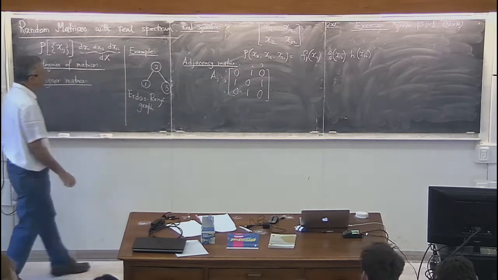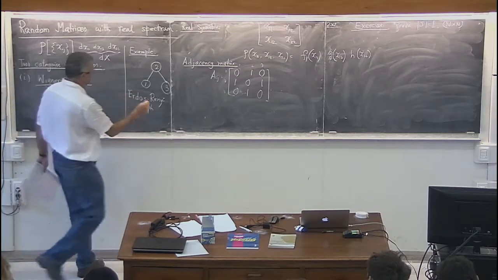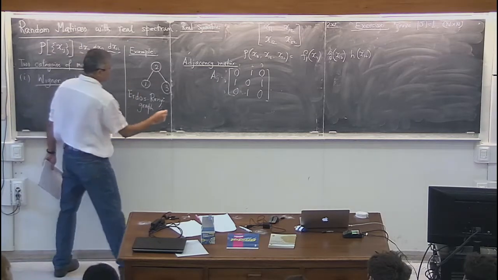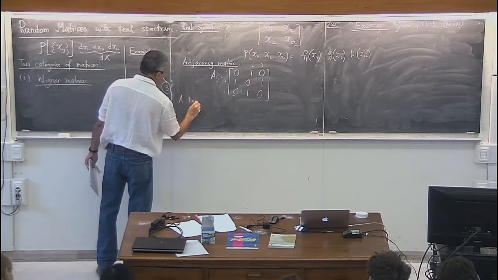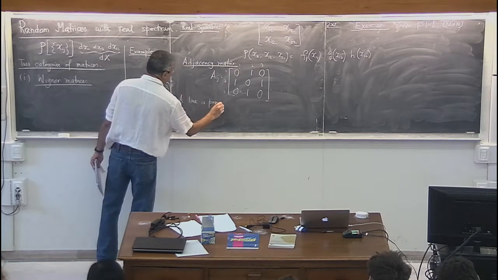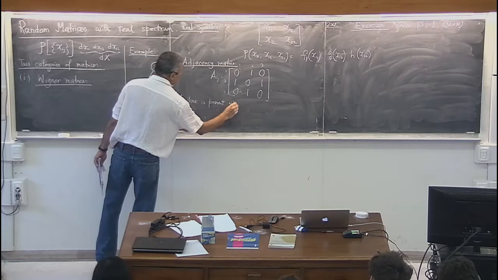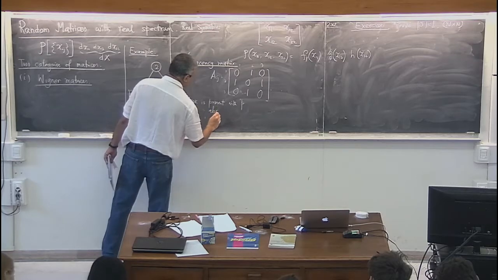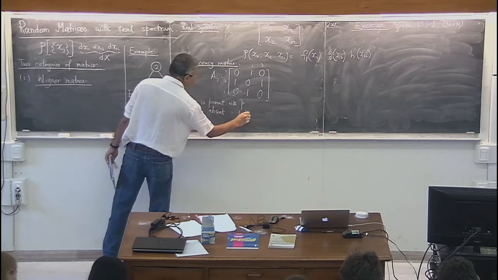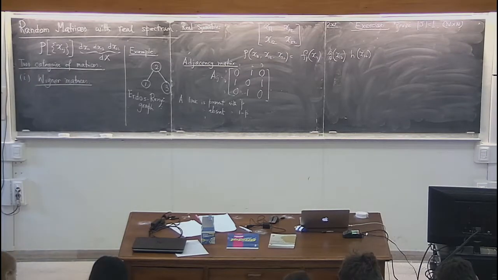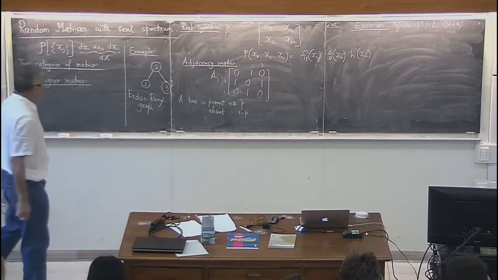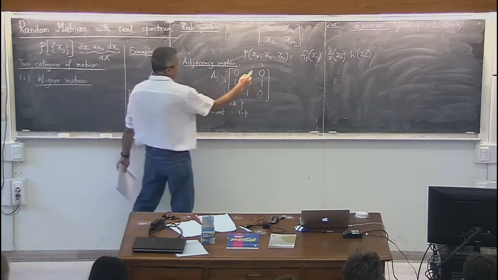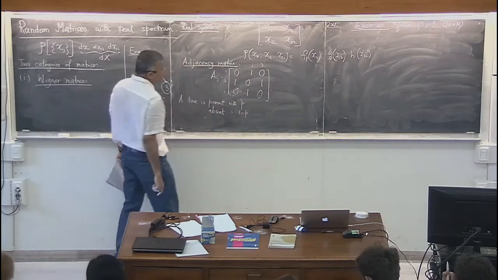This is a random graph, and the simplest rule, though you can have many other rules, is that you assign randomness: a link is present with probability p and is absent with probability 1 minus p, where p is a number between 0 and 1. So it's either there or not there. That means this element here, for example this link, can be either 1 if it is there or 0 if it is not there.